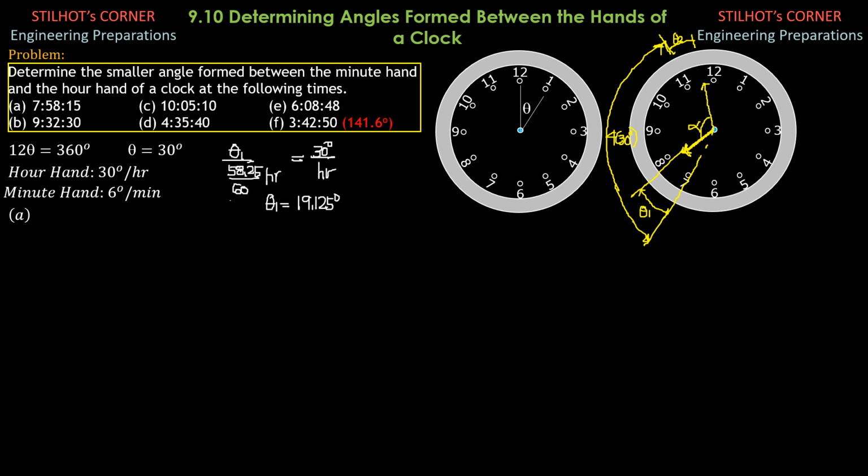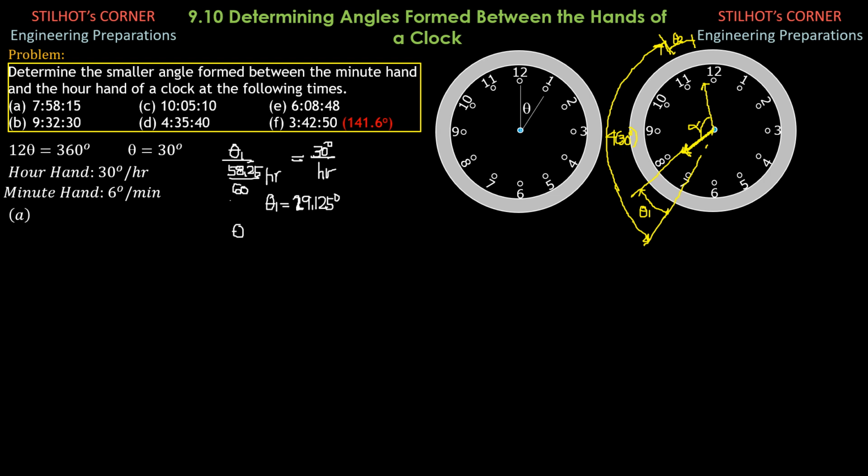So theta 1 is 29.125 degrees. Likewise, the minute hand was pointing to the 11th mark. That's 55 minutes to this final position, from the 11th mark to this final position. So that's 58.25 minutes minus 55, that's 3.25 minutes.